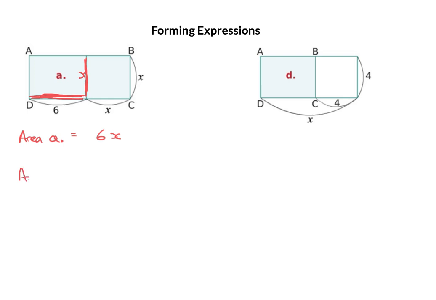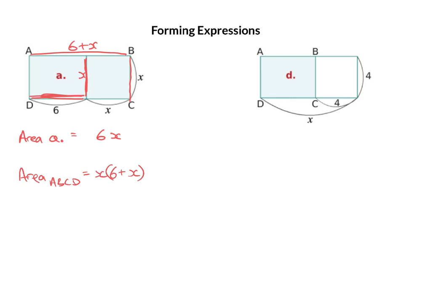If they wanted the area of, say, the whole thing, ABCD, then that would be the total length, which is going to be this distance here, that is 6 plus x, multiplied by BC, which is x. So that would be 6 plus x in the bracket, and I'm going to multiply by x, but I'm going to put it in the front because that's just neater in terms of the maths.